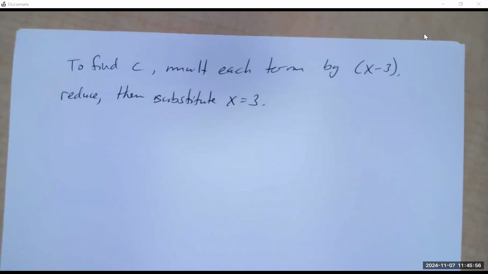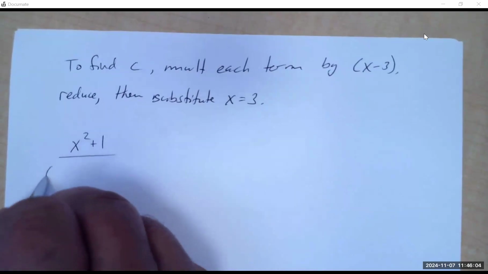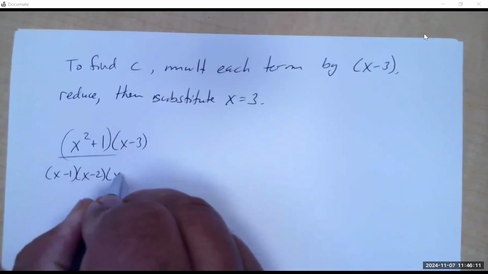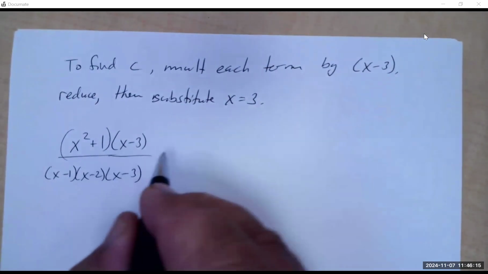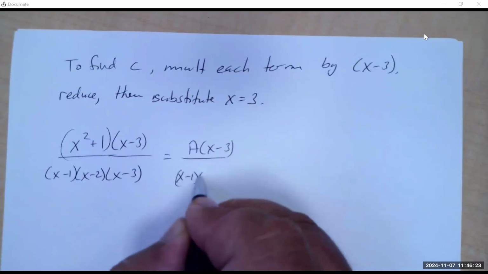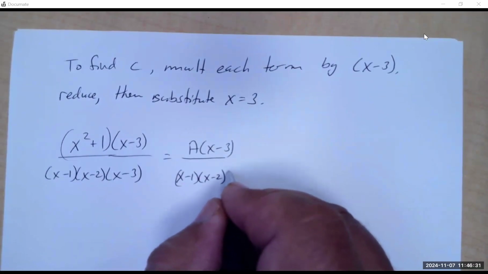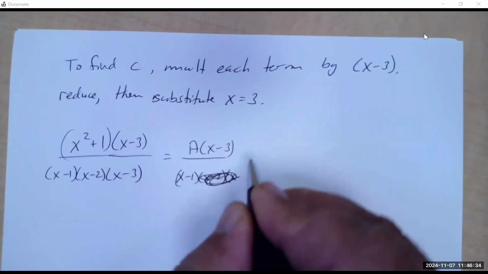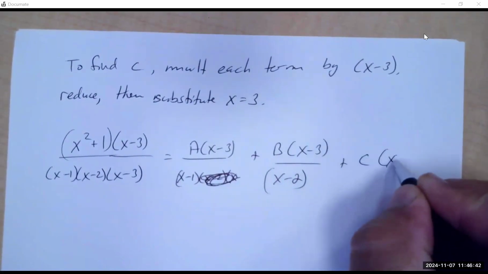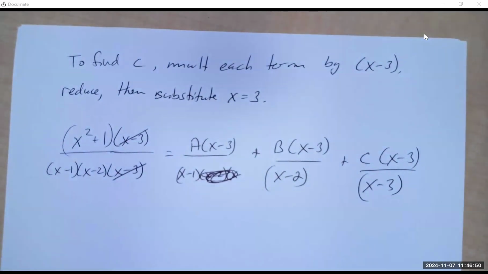Then cancel whatever you can, and then enter x equals 3. So those cancel.